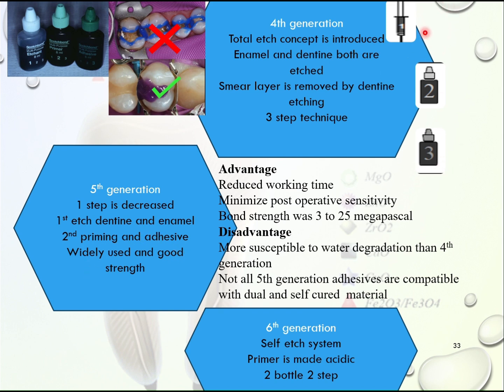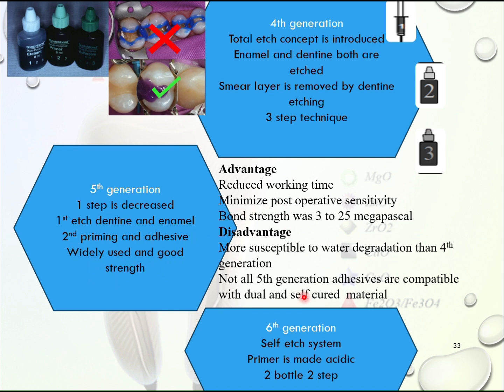Before, in this technique, we had primer and bonding agent separately, and after that we applied the restorative material. So it had 3 steps, but in the 5th generation we have just 2 steps, where priming and adhesive are used in one bottle.